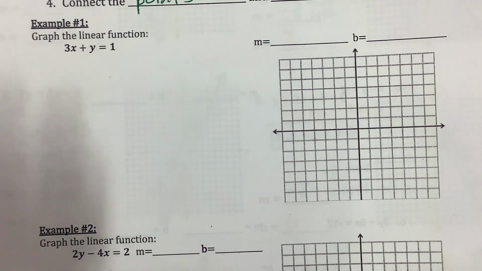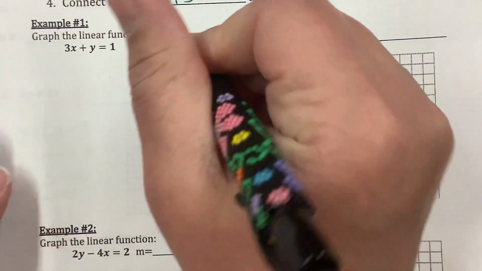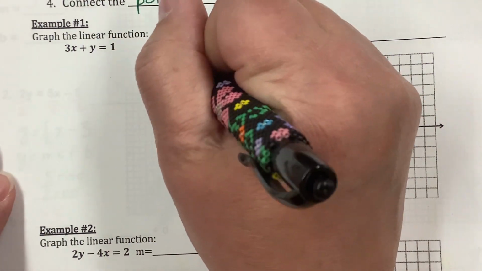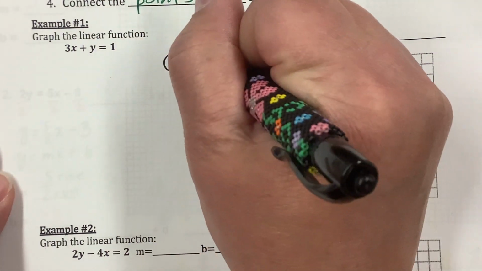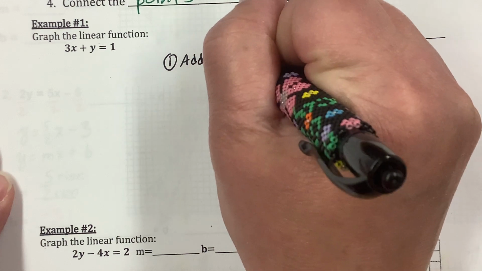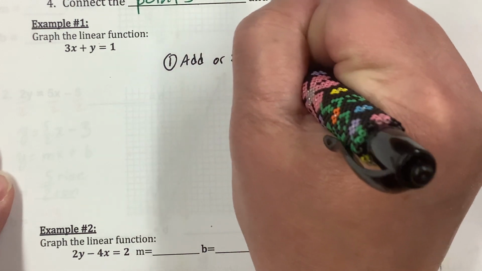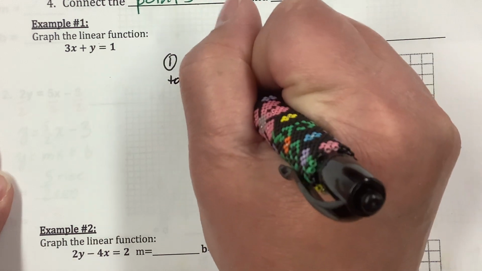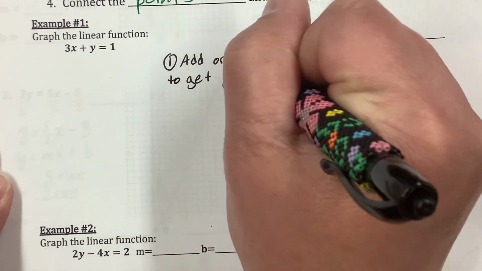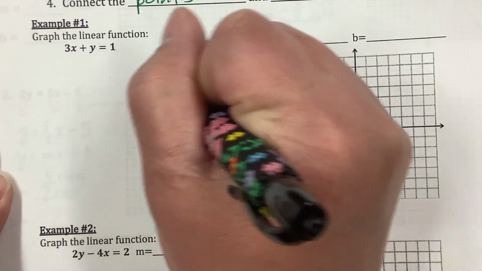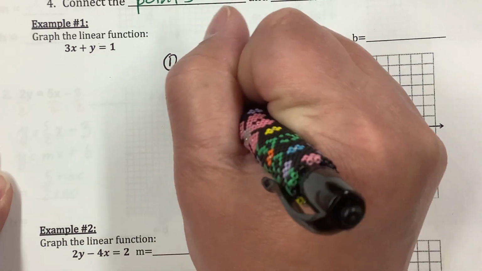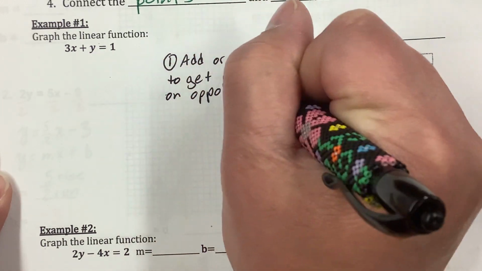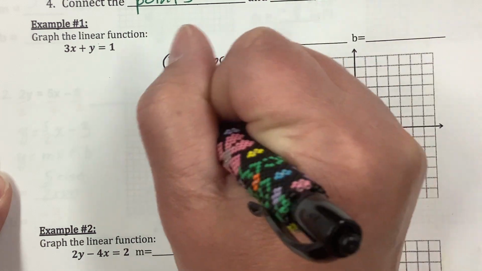Okay, so, number one, add or subtract to get y and x on opposite sides of the equal sign.